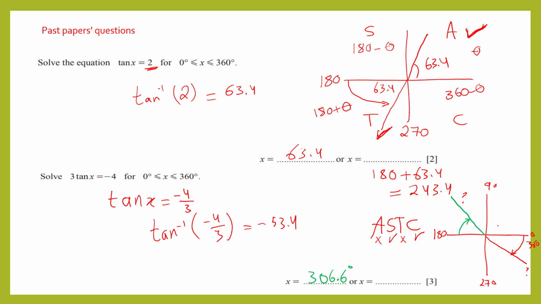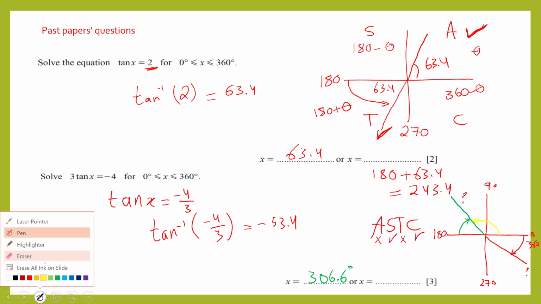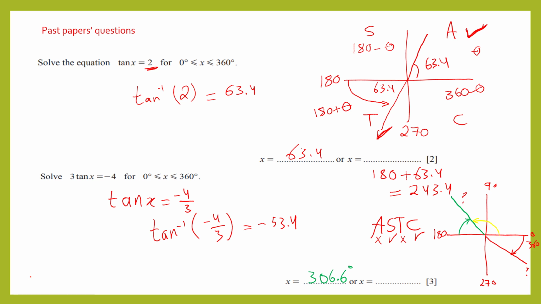we'll go 53.4. So we need to know the measure of this angle, for this part from the zero. So the measure will be, if you remove 53.4 from the 180, it will be 180 minus 53.4, which should be 126.6.